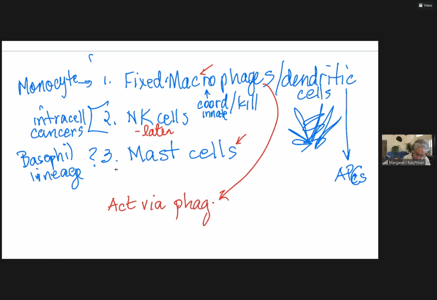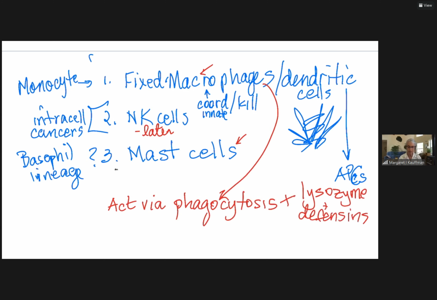These are the big eaters. They also release defensins, lysozyme, if they're a macrophage. If they're a dendritic cell, I'm not clear if they release those things, but they're definitely phagocytes. So we'll put the phagocytosis on that side.